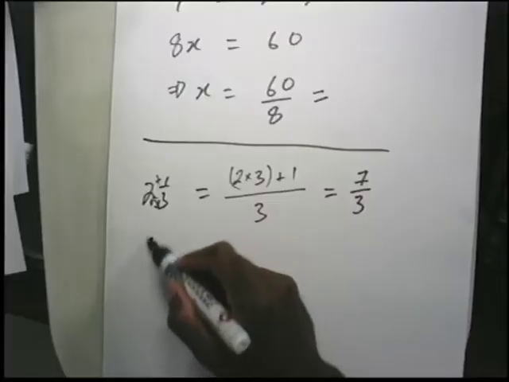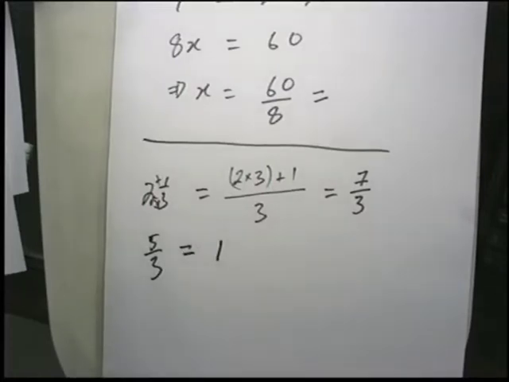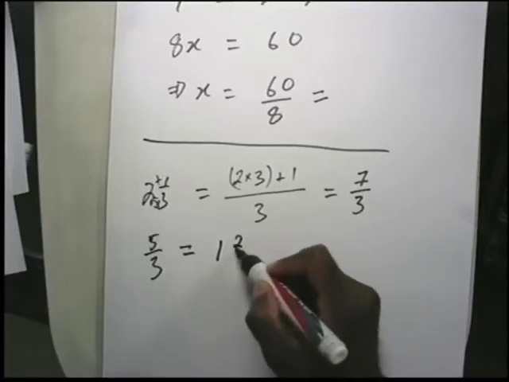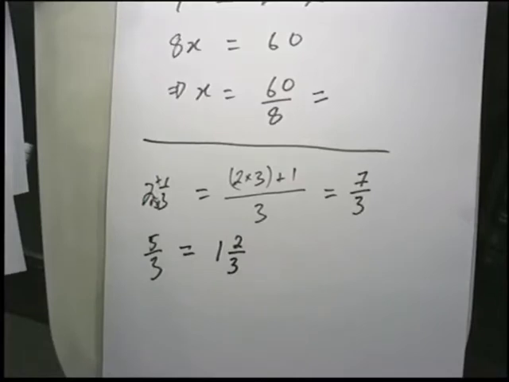Okay, so 5 over 3 is equal to 1, and the remainder in this case, if you take 3 from 5, then you'll be left with 2. So we have 2 divided by 3. So we have managed to rewrite an improper fraction as a mixed number. So we can go from one to the other.